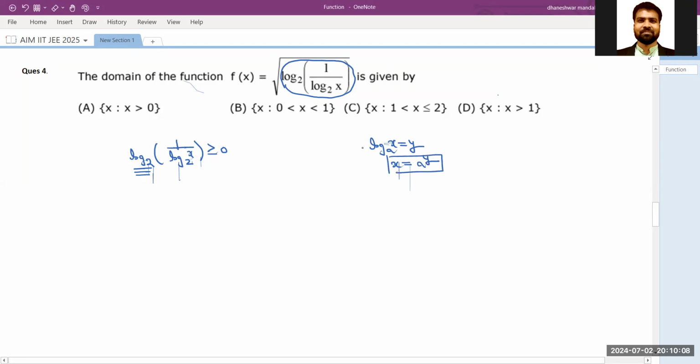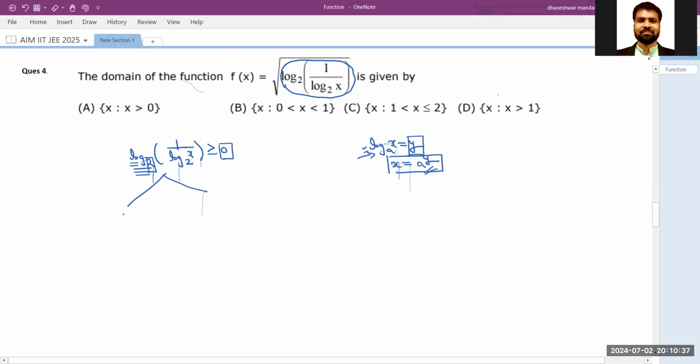Okay. If I remove this log from here, then this x becomes a raised to the power y. So here we have y on the right hand side. Similarly, here we have 0 and here we have 2. One more concept is there. If the base is a number less than 1, then the inequality will be reversed when I remove this log.